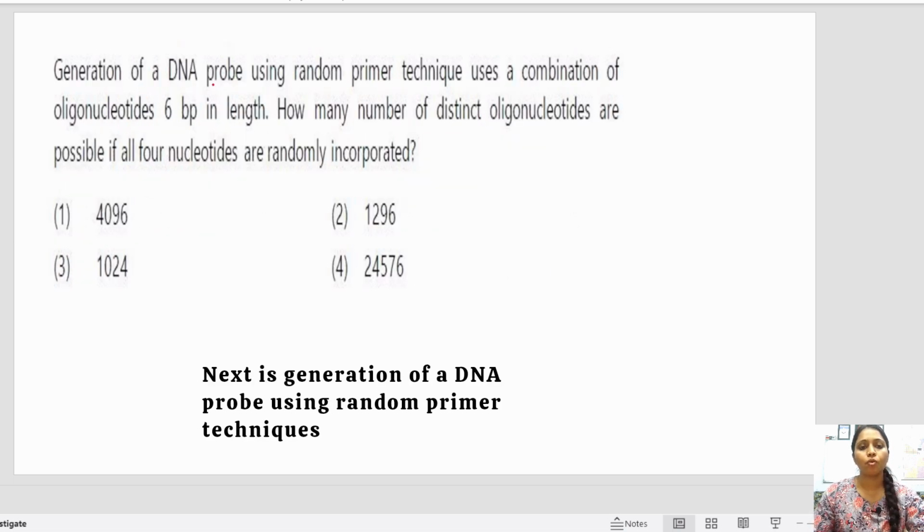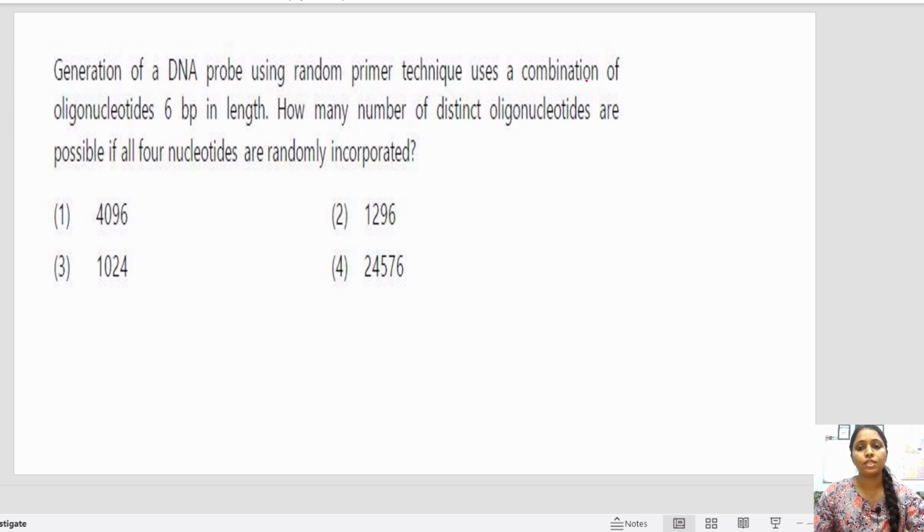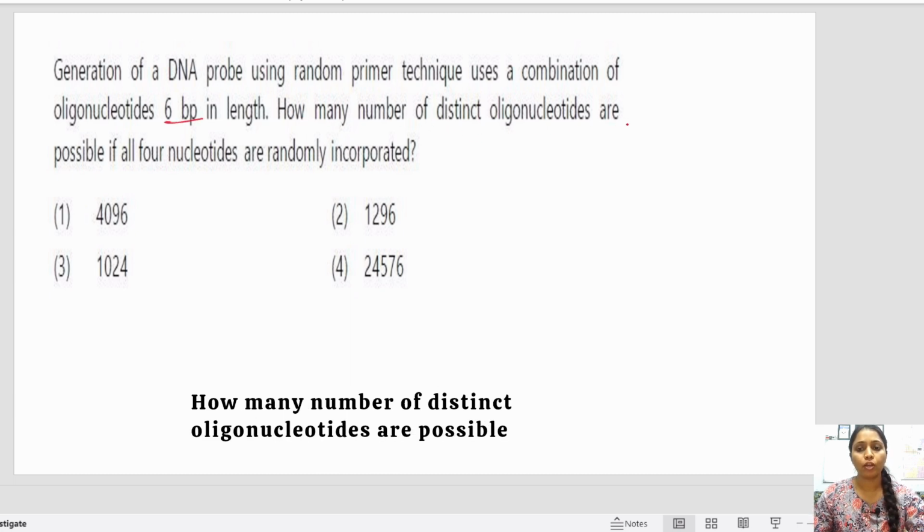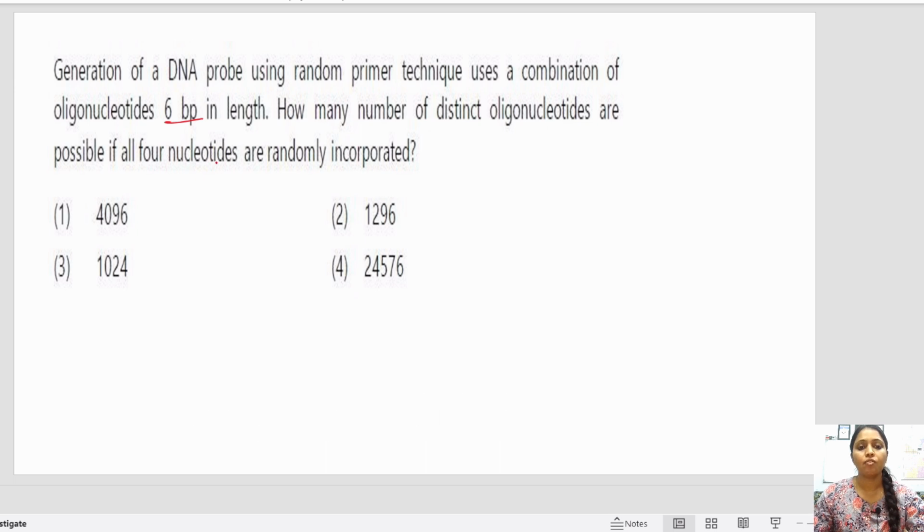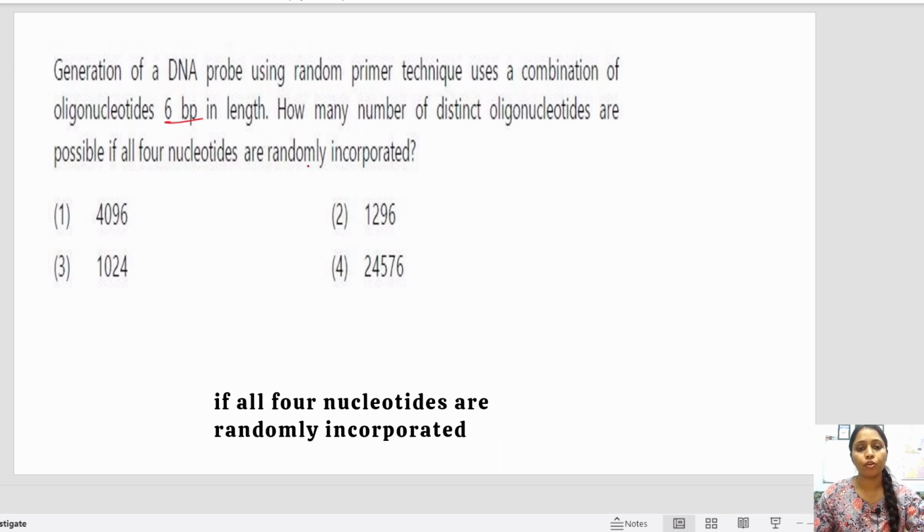Next is generation of a DNA probe using random primer techniques. Use a combination of oligonucleotides 6 base pair in length. How many number of distinct oligonucleotides are possible if all 4 nucleotides are randomly incorporated?